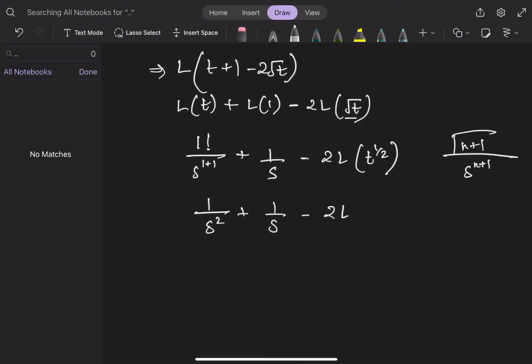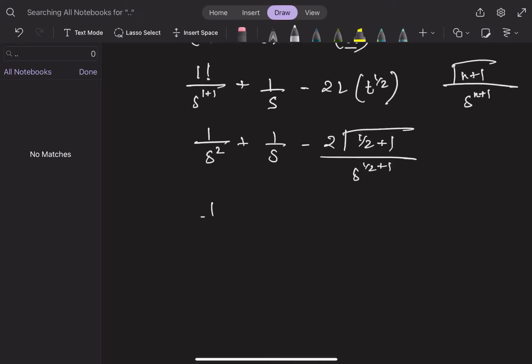Here n is half. So this becomes gamma of half plus 1 divided by s raised to half plus 1. So 1 upon s square plus 1 upon s minus twice gamma of 3 by 2 divided by s raised to 3 by 2.